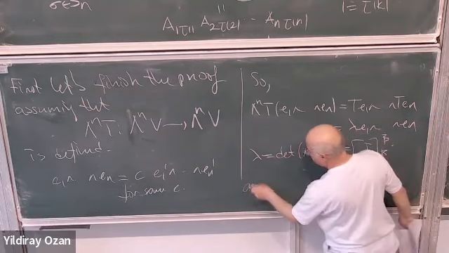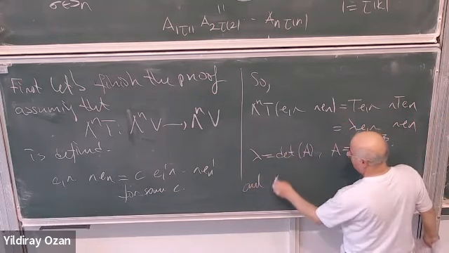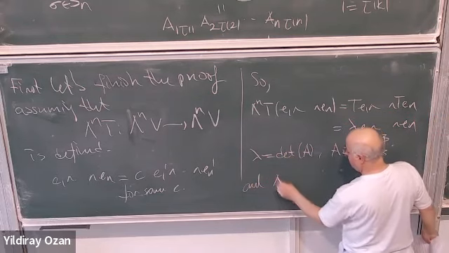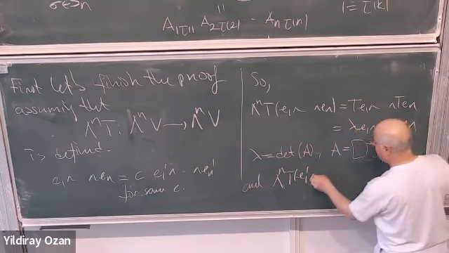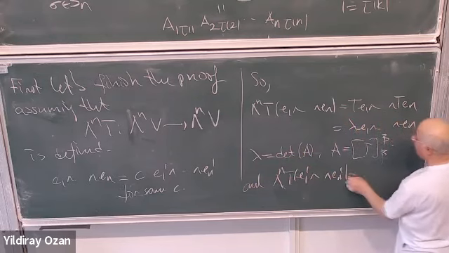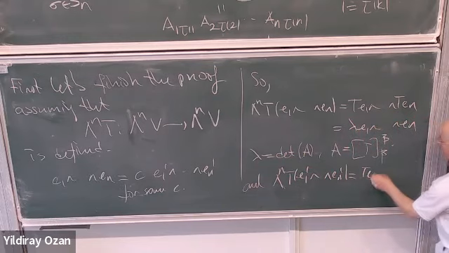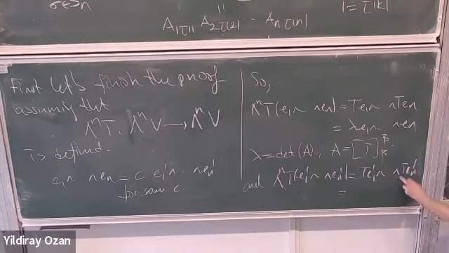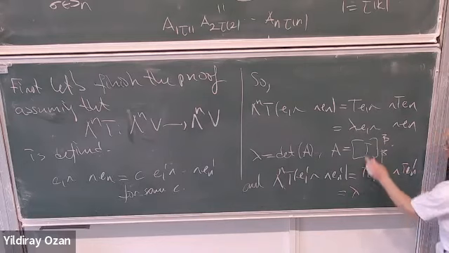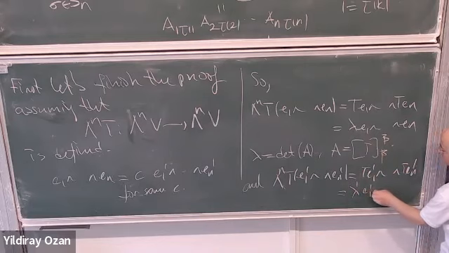And what about this one, E1 prime wedge En prime? Well, this is T E1 prime wedge T En prime, and this is just some, again, lambda prime E1 prime wedge En prime.